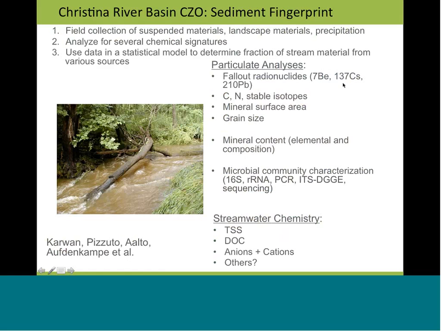The Christina River Basin CZO has a strong interest in sediment fingerprinting, where this really will test the boundaries of ODM2. The current data systems can't handle our need to do sophisticated geochemistry on suspended particles and soils, and compare their composition, and also compare their fluxes with other stream chemistry attributes that are a little bit more common.